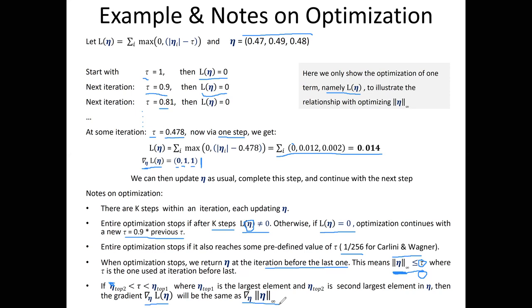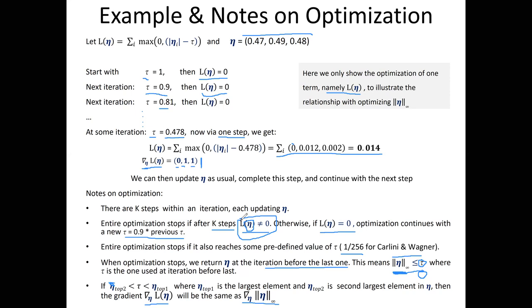So it's interesting up to which point it actually behaves close to the L infinity norm optimization, and when does it stop doing that? Because if you have too low of a tau, then you are more likely to terminate, because after k steps you still end up with this condition that we wrote, where L of eta is not equal to 0.